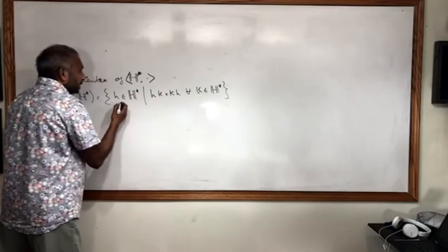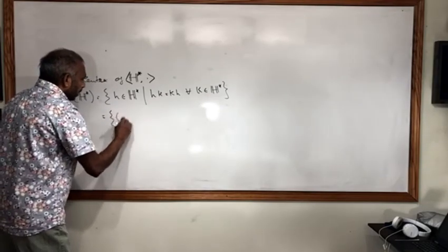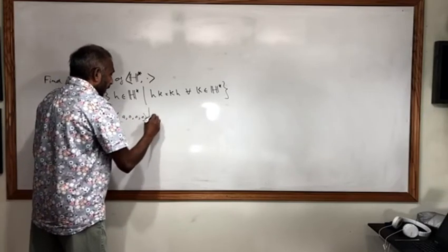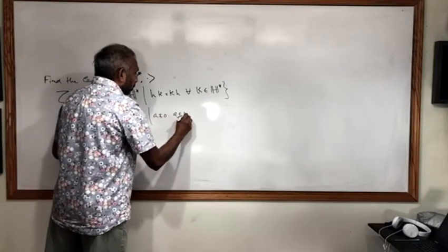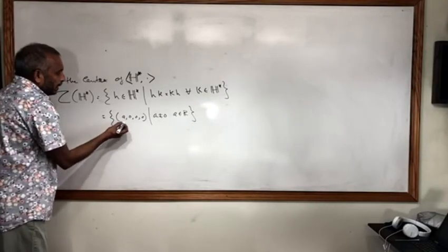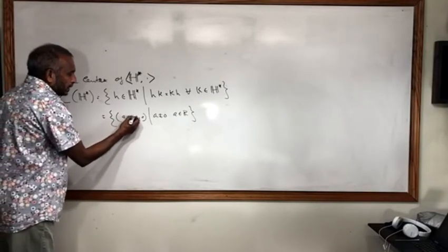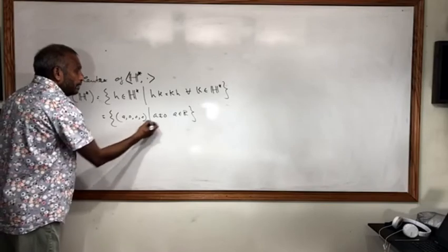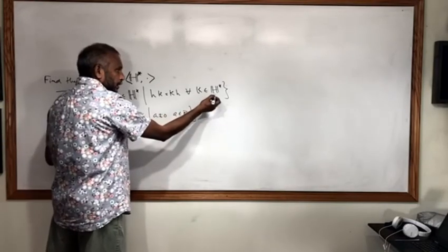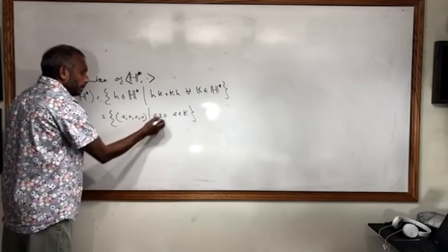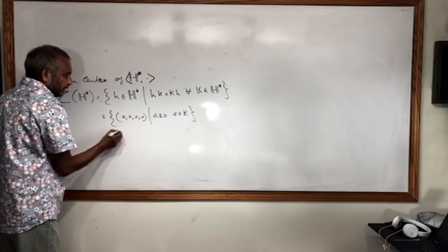So the center of this will be (a, 0, 0, 0), where a is different from 0 and a belongs to R. Because if you have i or j or k, if any component exists here, it won't commute with every element of H. So the only elements that can commute with the rest of the elements are (a, 0, 0, 0). So this is the center.